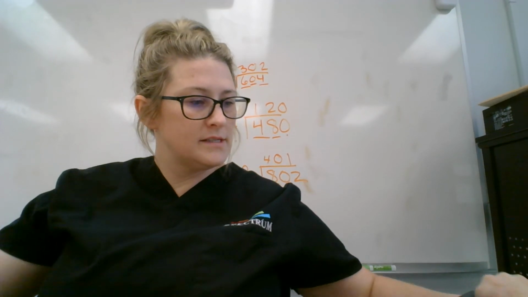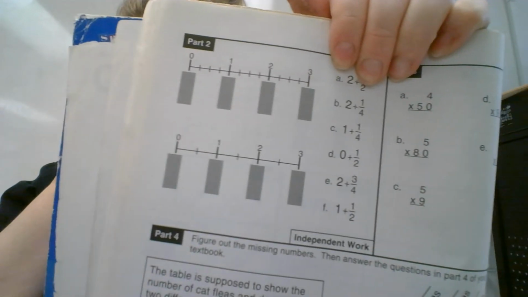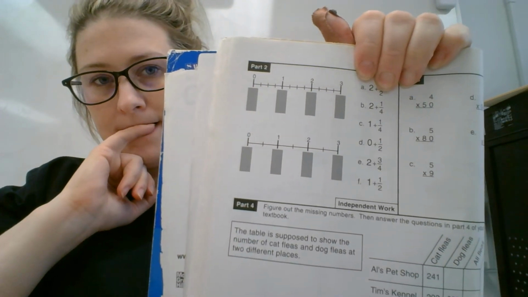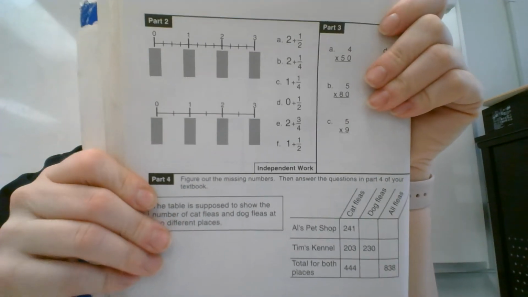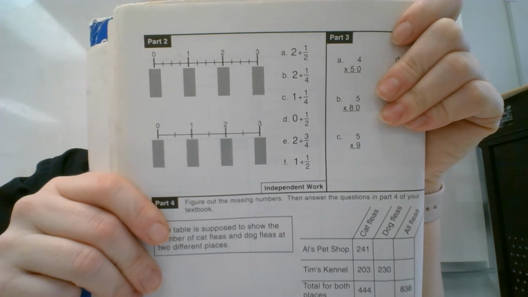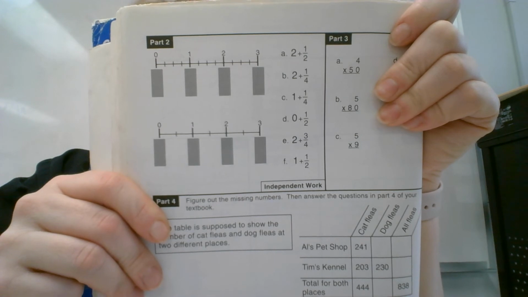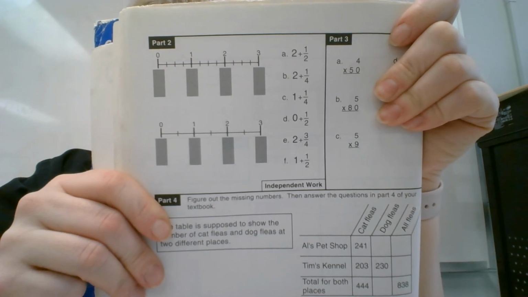All right, let's see. I'm going to go ahead and find part 2. All right, so we are going to be putting some mixed numbers in on the number line. Some go on the bottom number line and some go on the top.